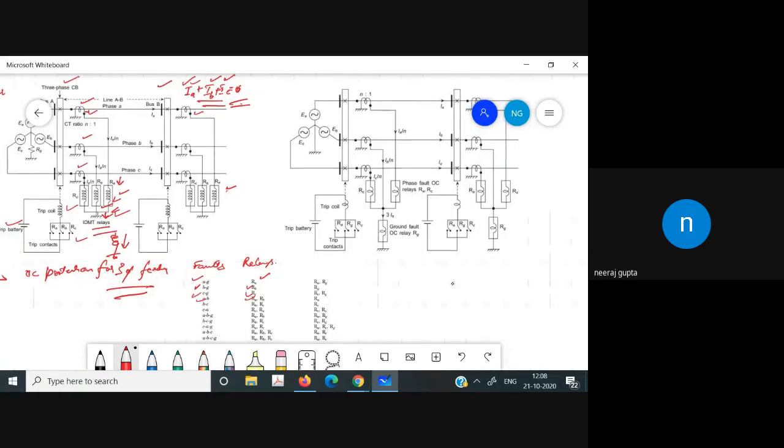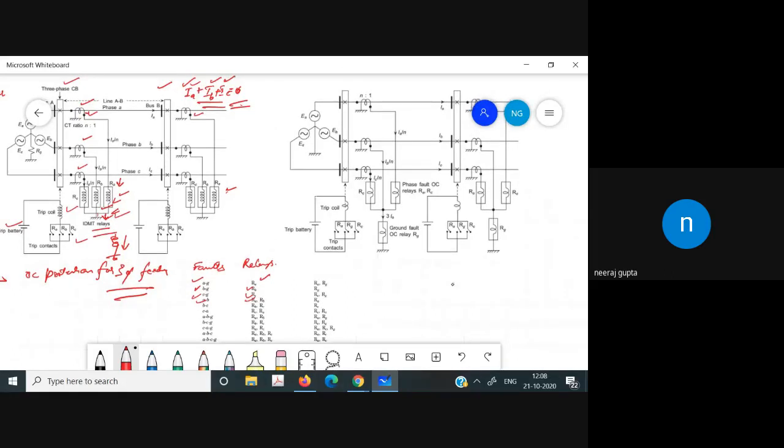How do we modify it? We use the ground fault overcurrent relay. This ground fault overcurrent relay gives us the value of the residual current in that case.